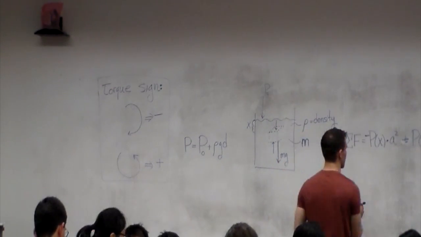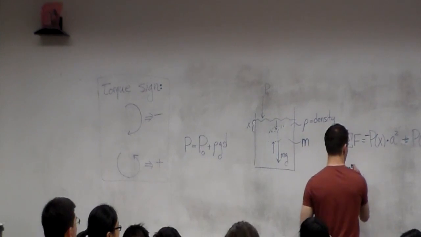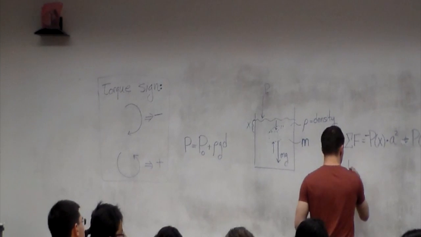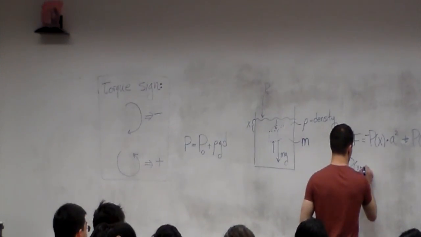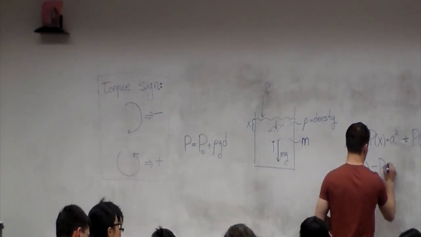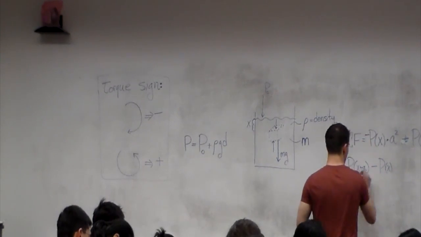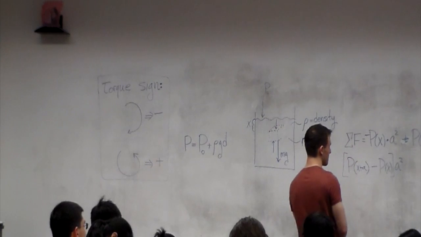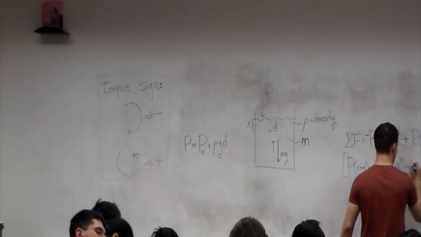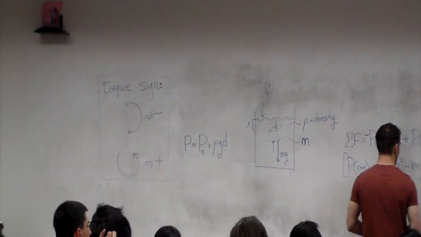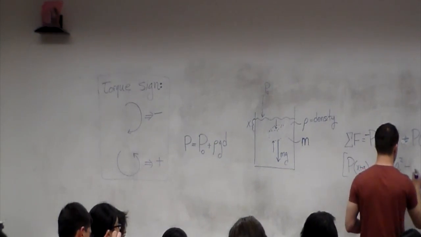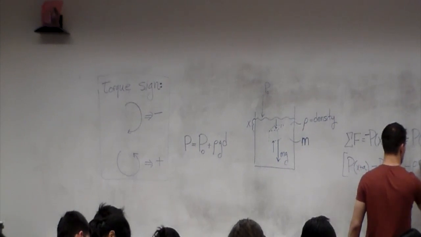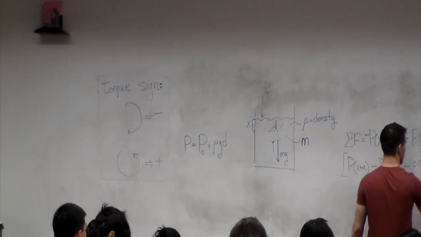I'm going to rewrite this slightly differently by saying it's P of x plus A minus P of x, times a squared, minus mg. But mg is really the density times the volume of my cube, which is a cubed, times g.